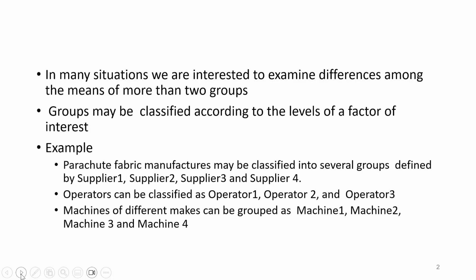So just like vendor 1, vendor 2, vendor 3, vendor 4. Similarly, operators can be classified as operator 1, operator 2 and operator 3. We are not restricting to 3, it could be 4, 5, 6 also. Machines of different makes can also be grouped as machine 1, machine 2, machine 3, machine 4.